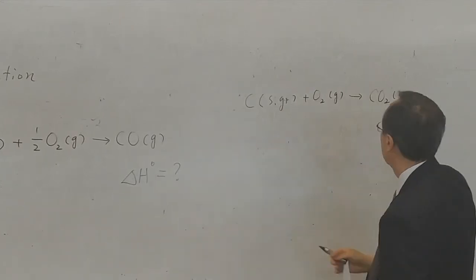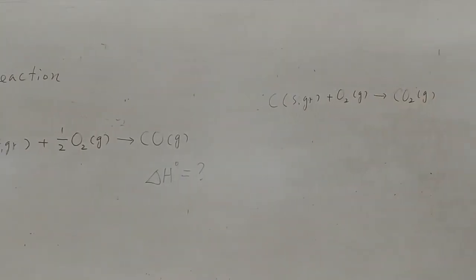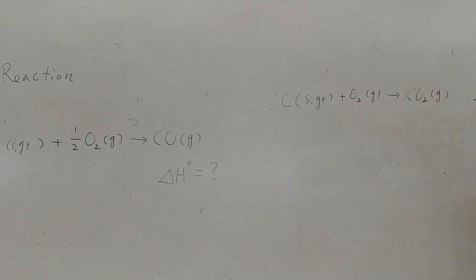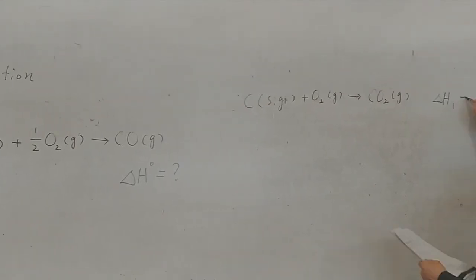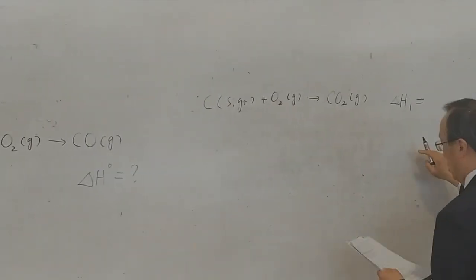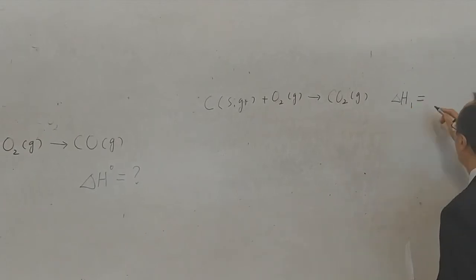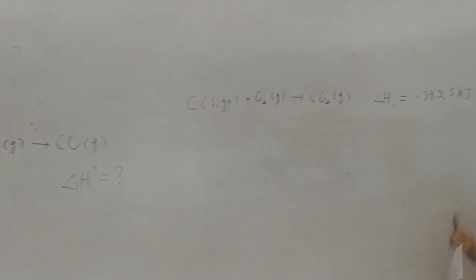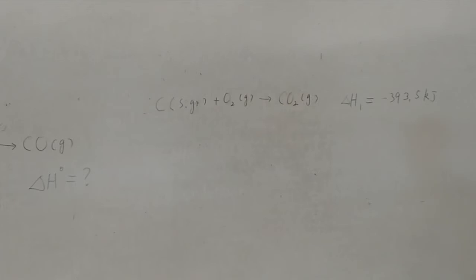Instead of carbon monoxide, this is carbon dioxide. In this case, it's very easy to get this enthalpy of reaction. This is minus 393.5 kilojoules evolved, given off from the system to the surrounding.